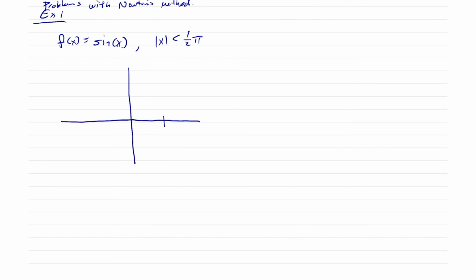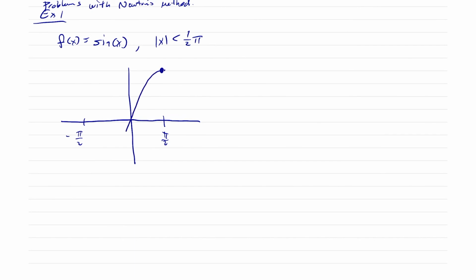So let's take a look at something really simple, and this is f of x equal to sine of x, where we're requiring that the absolute value of x be less than pi over 2. We know what that looks like. I mean, from trigonometry and calculus, we've dealt with this every day. So this is going to be pi over 2, and this is minus pi over 2, and that's the interval that we care about.